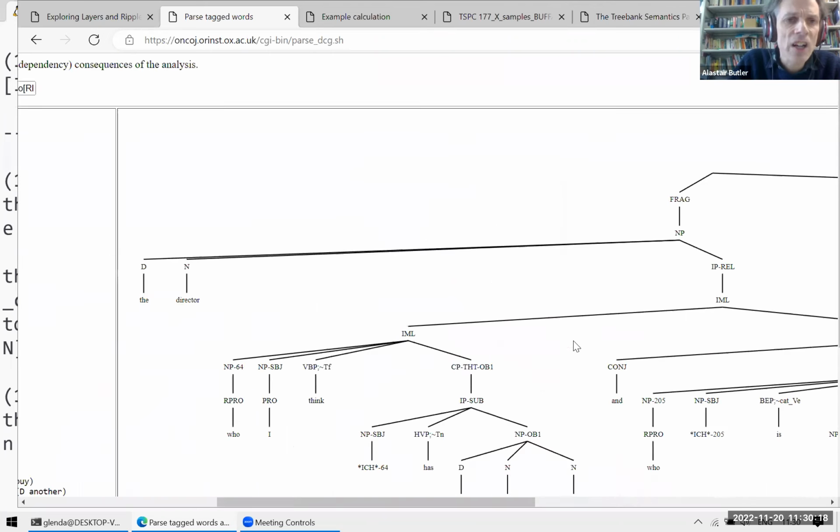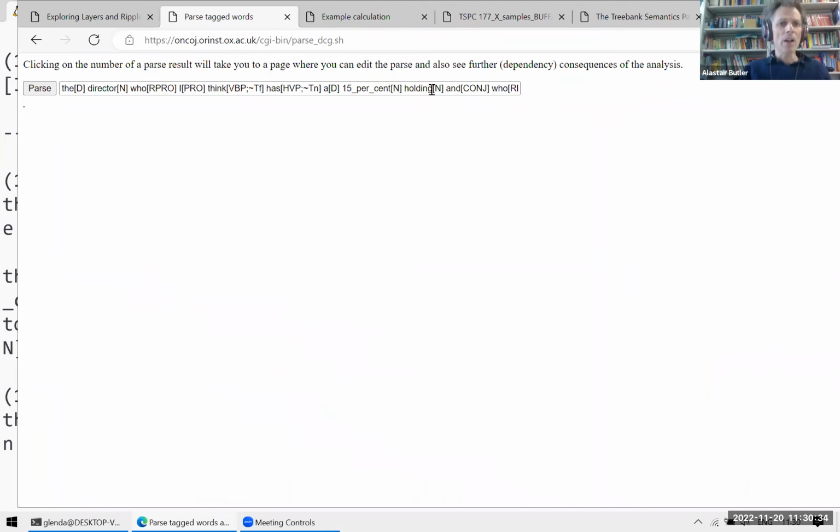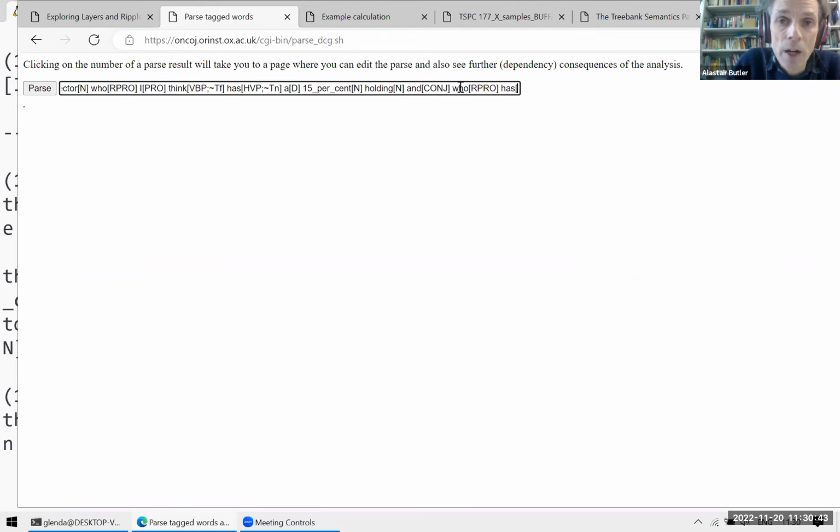So if I change the is, which is here, into has, and I change the code into HVP, which is the code for have, and I try and parse, I get no result. That's exactly what you'd expect, because believed requires this derived object.